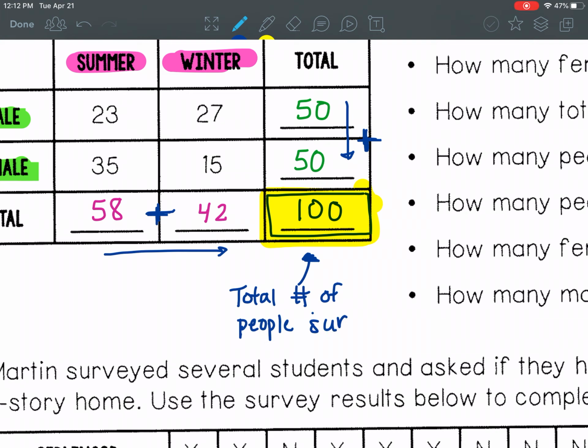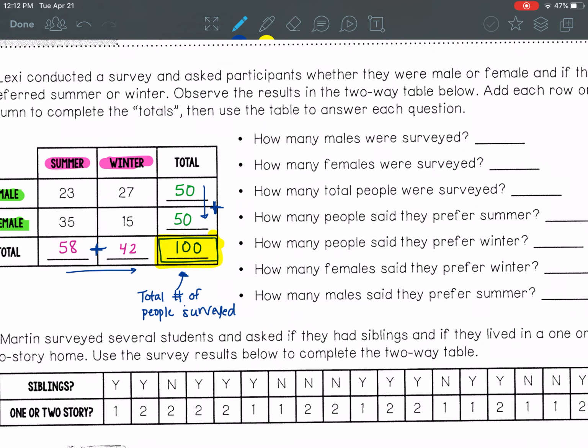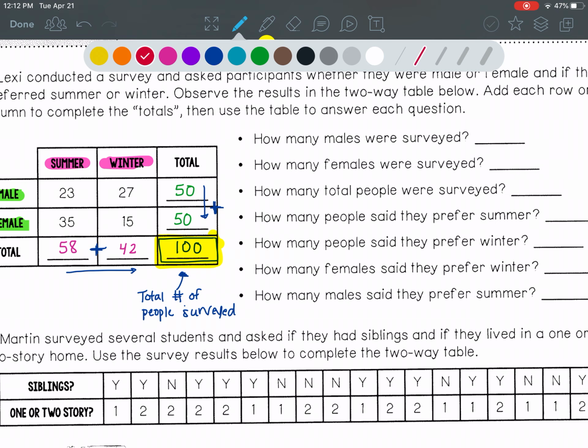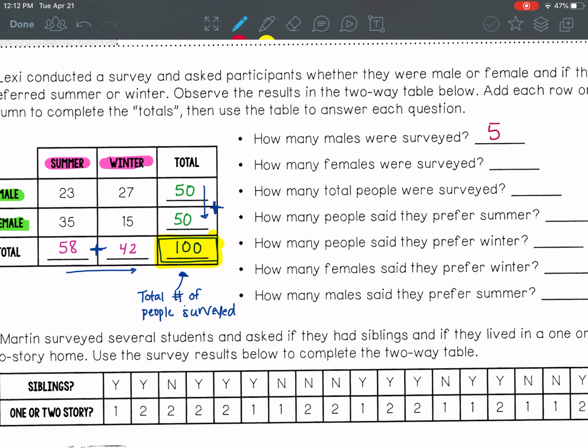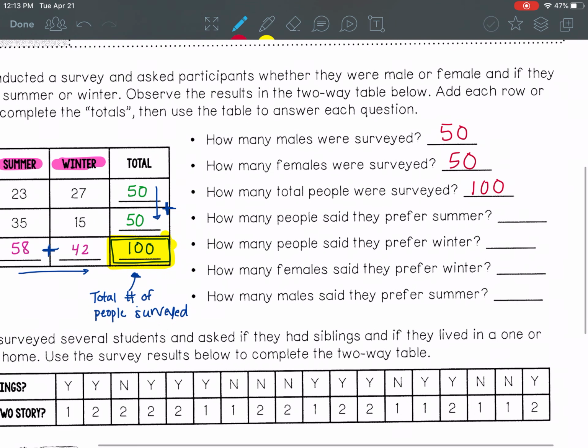Okay, once we have our two-way table filled out, well, then these questions off to the side are pretty easy. How many males were surveyed? We have a total of 50 males. How many females were surveyed? We had 50 females as well. Okay, how many total people were surveyed? We had 100 total. Okay, how many people said they prefer summer?